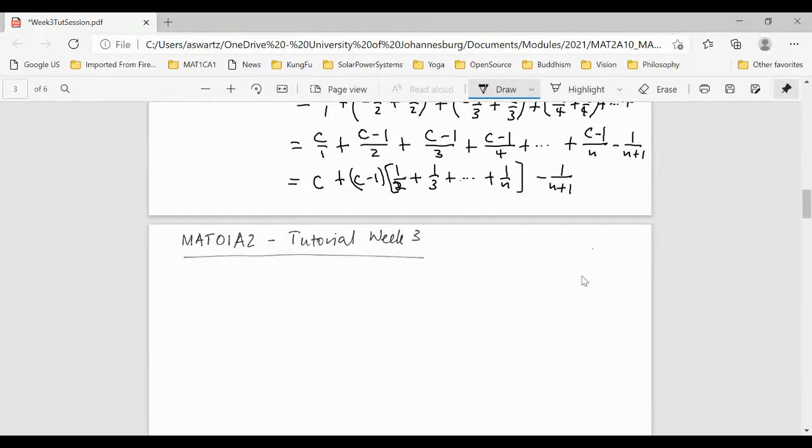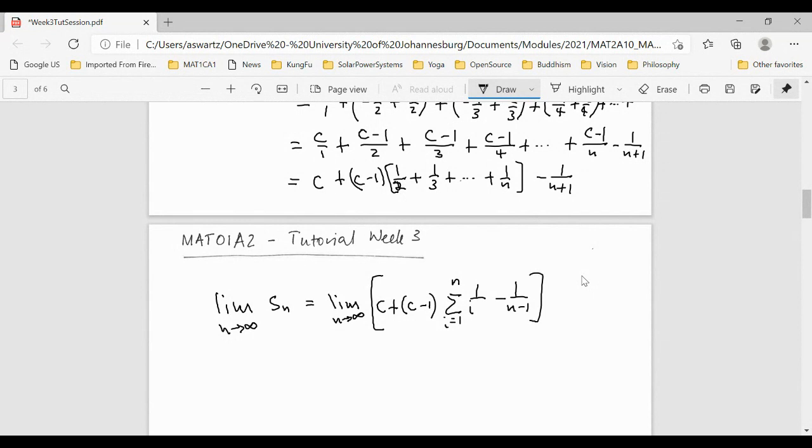We can say the limit as n goes to infinity of Sn, remember that's the sum, is going to be the limit as n goes to infinity of the right-hand side here, which is the limit of c plus c minus 1 times the sum from i equals 1 to n of 1 over i, minus 1 over n plus 1. Okay?